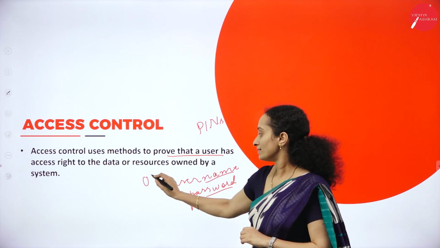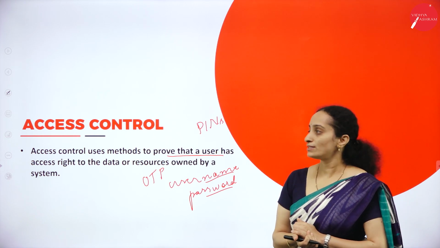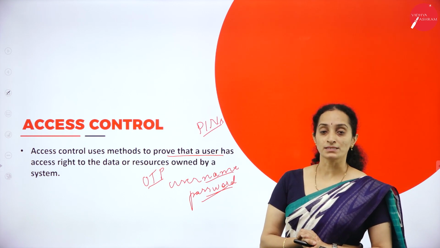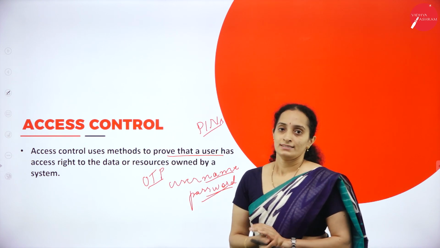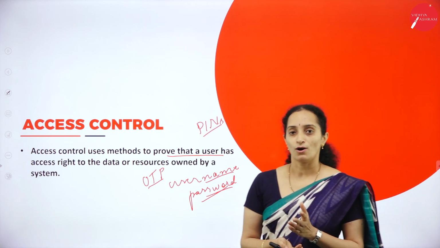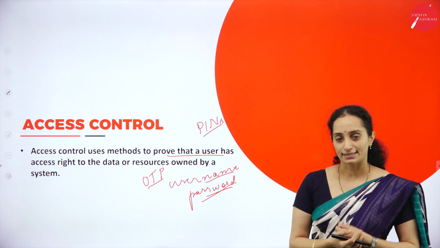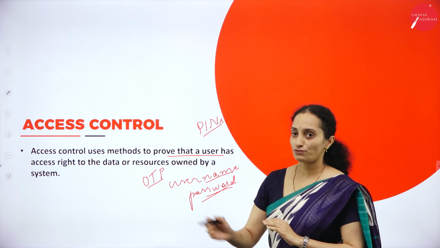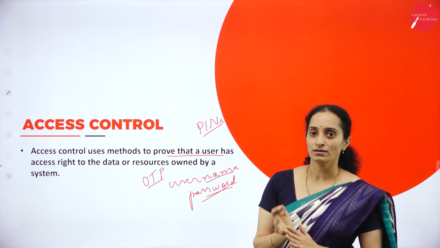Now we have the new method of sending a one-time password or OTP. So these are some of the mechanisms that can be followed to ensure that the person who is accessing a particular data is an authorized one. Only authorized persons have access to the data. So it ensures the access right of the person, whether he is an authorized one for accessing the data or not.